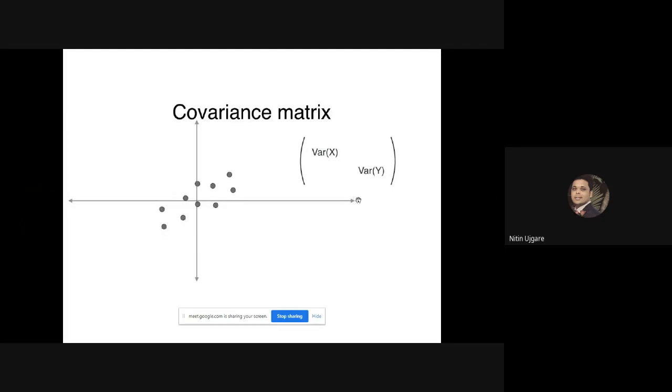And off the diagonal, or in the forward direction diagonal, we have the covariance. So we will find out the covariance of x and y, and covariance of y and x. These are basically the covariance entries. I have just taken an example here. This indicates that it is a symmetrical covariance matrix.